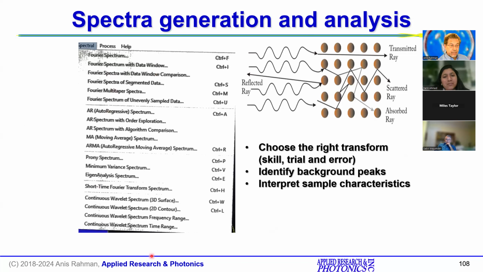In another situation, that transformation may or may not be equally effective. So the software that's bundled in the system has the regular Fourier transform, which is per the original Fourier transform. Then there is Fourier transform with data window.